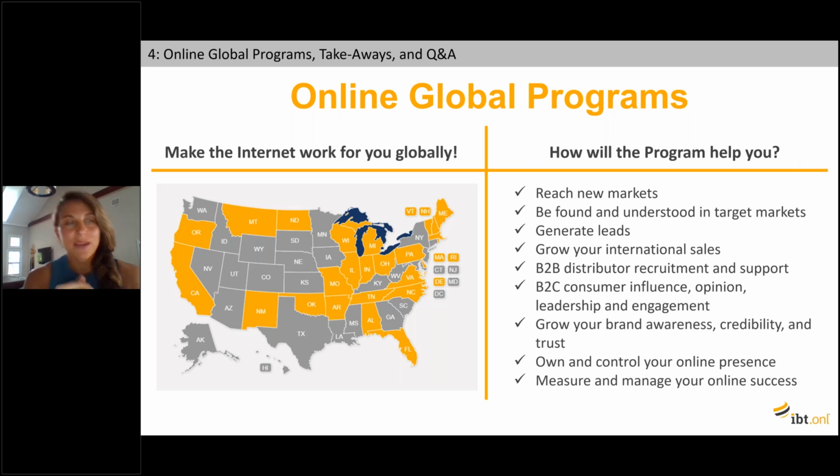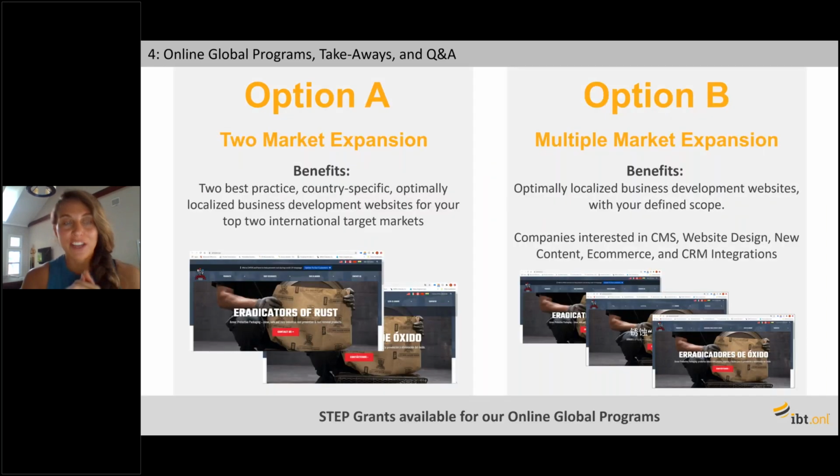And the programs that we have available are, first off, options A and B. Option A is a 2-market expansion with a limited scope, so 12 web pages and 2,000 words. By the end of option A, you'll have 2 websites completely localized in your top 2 target markets. So for example, one in German for Germany and one in French for Canada or English for Canada.